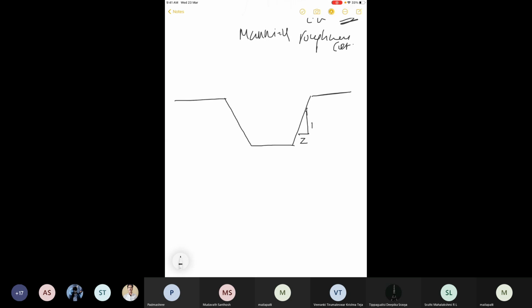This is the side slope, and this is the bottom width, let's say B, and this is the freeboard. Freeboard is provided in order to compensate for any silting.